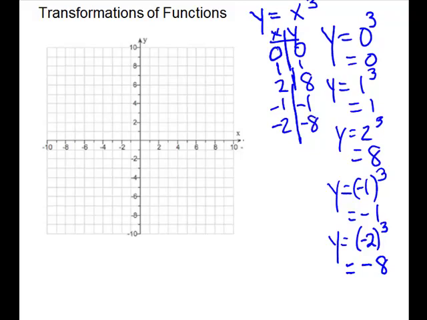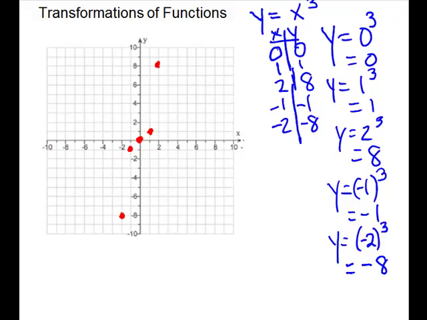So we have 0, 0. We have 1, 1. And I'm going to jump down here and put negative 1, negative 1. See, if you just put those 3, you would think it's a line. We'll go back up, though, and we'll put 2, 8. And you'll see, oh, no, whoops, curves up that way. And negative 2, negative 8.